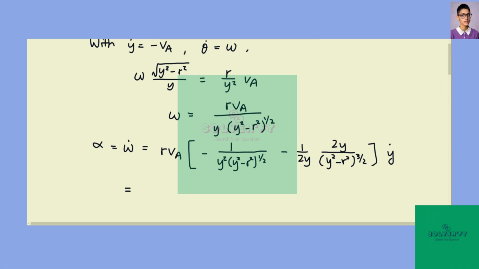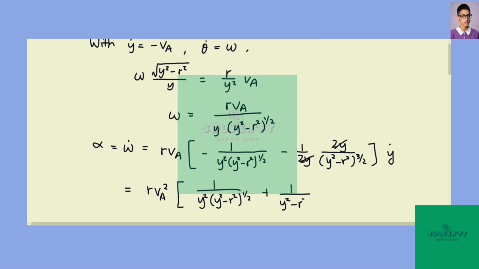So you get r VA square times 1 over y square minus r square to the power half, minus becomes a plus, so you have 1 over y square minus r square to the power 3 half.